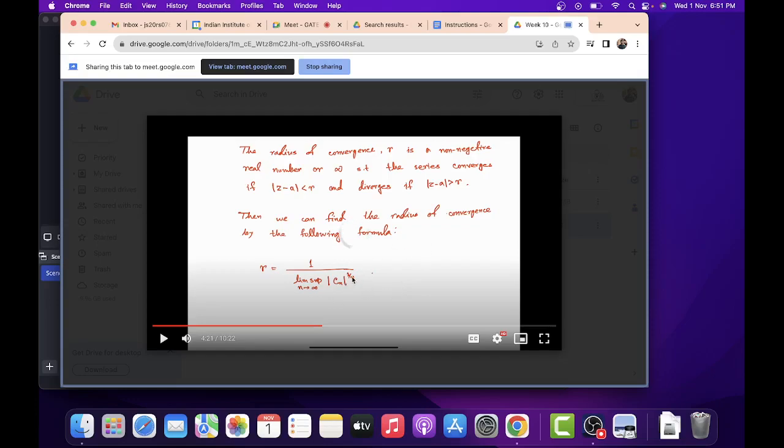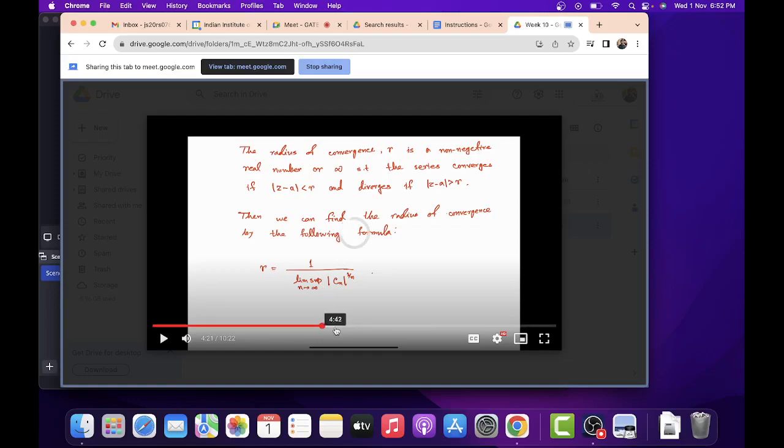This formula, because mod of cn into mod of z minus a to the power n, you put this as a_n and use the root test, you will get it. And here note that lim sup is required, right?